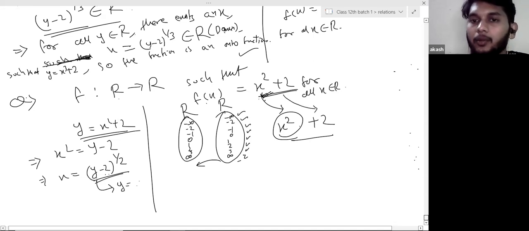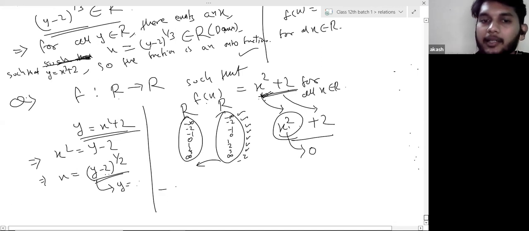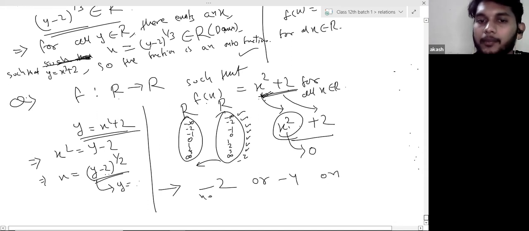So range of this function is 2 to infinite, right? The minimum value of x square is 0 if you put x equals to 0. So minimum value of this function is 2. So you cannot get negative value from this function. So you can easily say that minus 2 or minus 4 or any negative number has no pre-image.